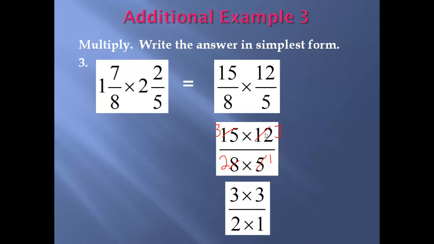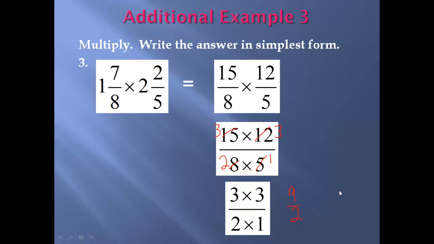So now we're going to have 3 times 3 for the numerator and 2 times 1 for the denominator. 3 times 3 is 9, and 2 times 1 is 2. So we have 9/2.